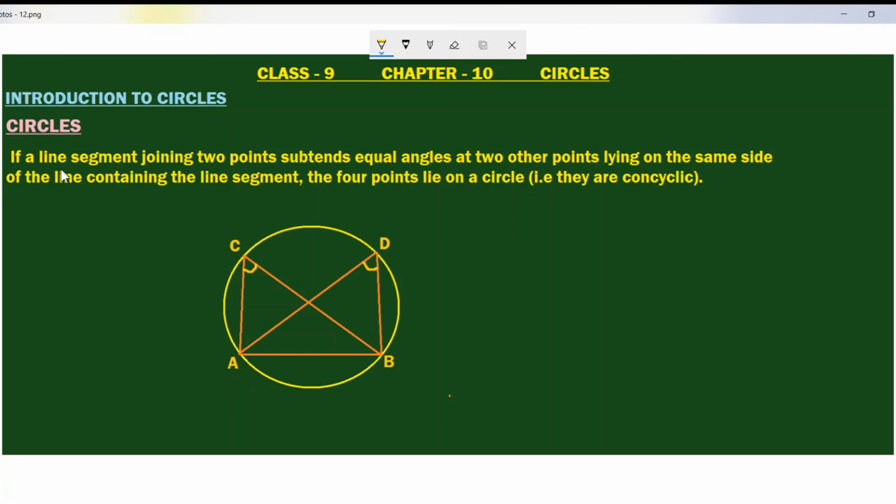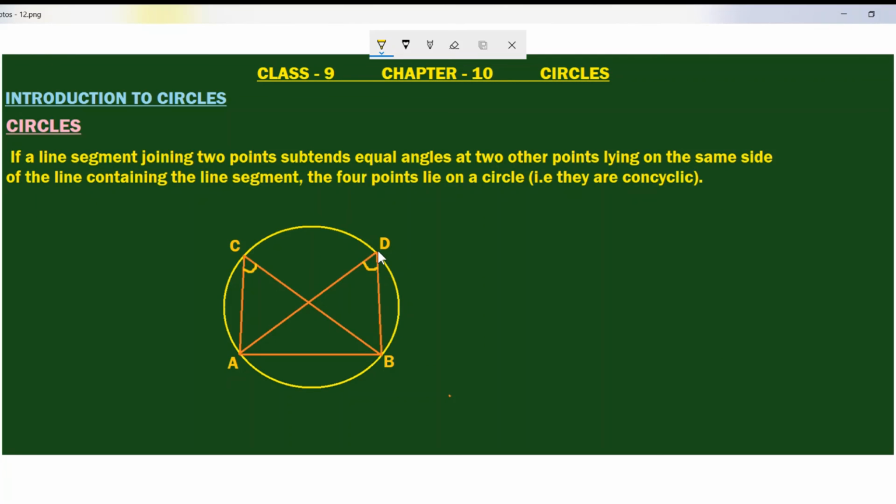Here, if a line segment joining 2 points subtends equal angles at 2 other points lying on the same side of the line containing the line segment, the 4 points lie on a circle. Here we have taken a line segment, a chord AB. This chord subtends an angle at a point C. Then we have joined these two lines.